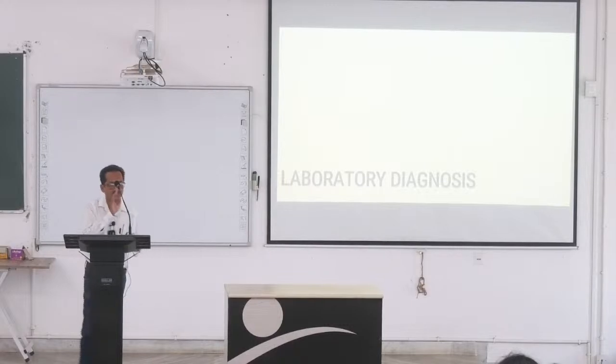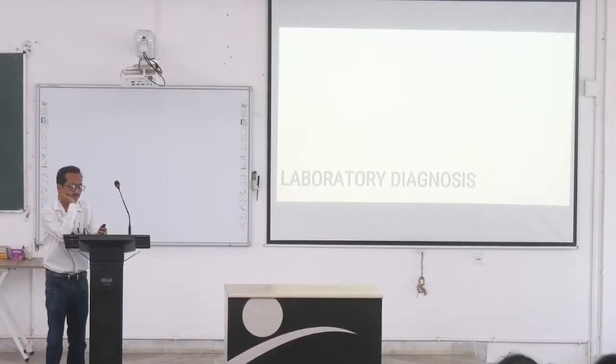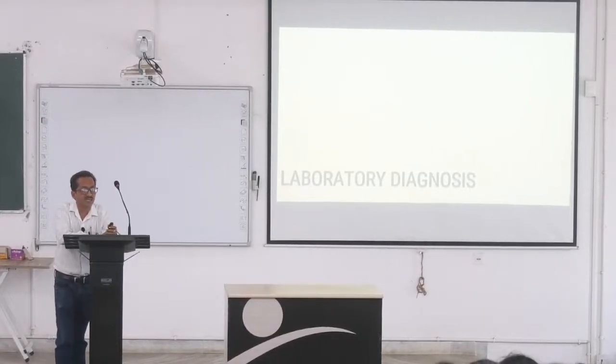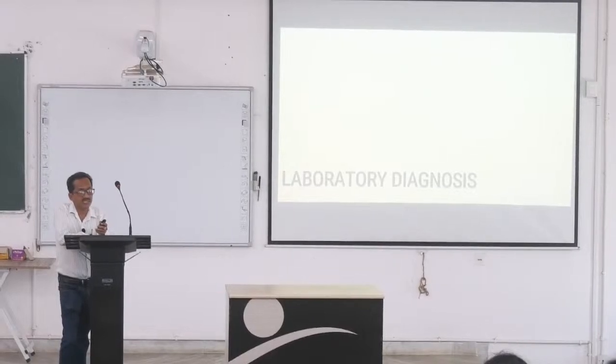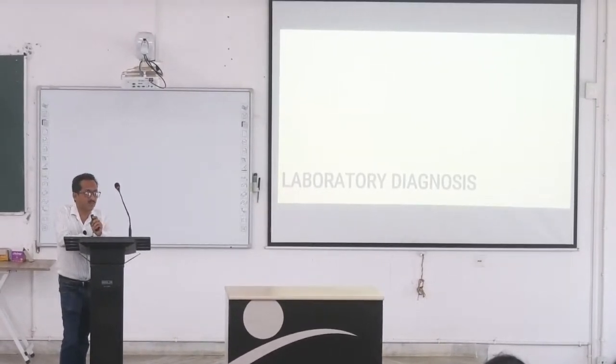Now, laboratory diagnosis. This is very important. You already had a Ziehl-Neelsen class in practical. The most common test for diagnosing leprosy is Ziehl-Neelsen stain or acid-fast staining, because it is also an acid-fast bacillus.